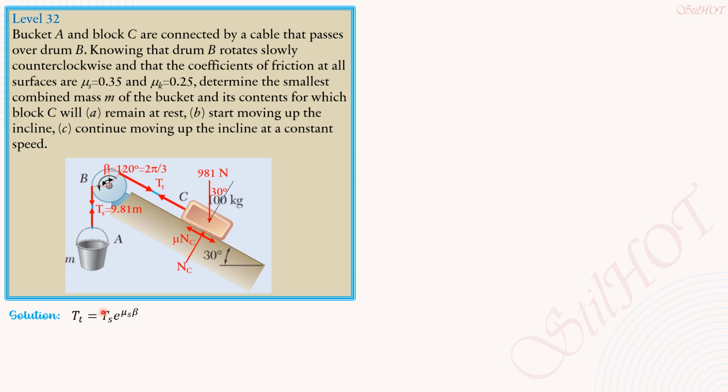So we apply this equation. T sub S is 9.81 m. T sub T we will define based on this free body diagram here, so that the value of m and its contents will be as minimum as possible.